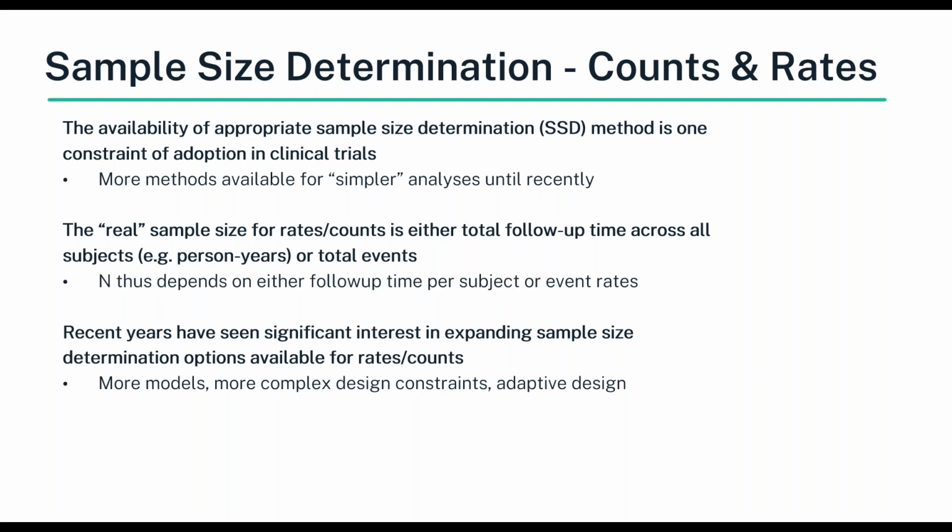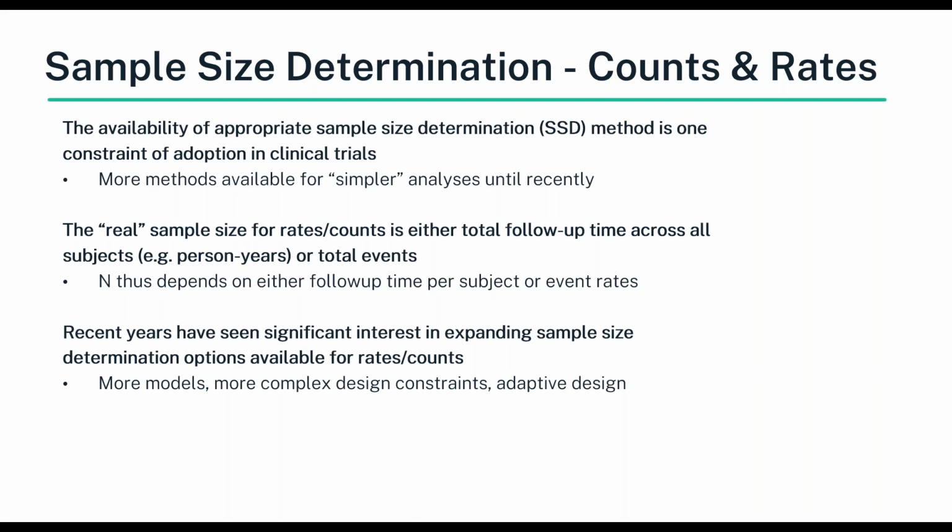Note that the total follow-up time is not just a function of the sample size, but also of the amount of time each subject was followed up for. So this is why, if a subject's follow-up time depends on when they entered the study, it's a very important consideration for the sample size calculation.